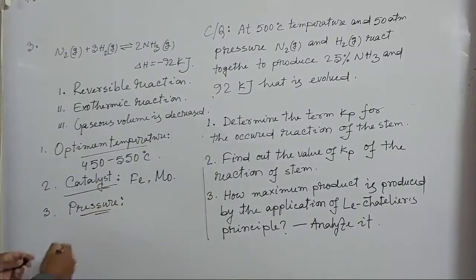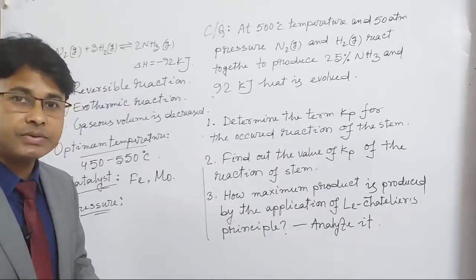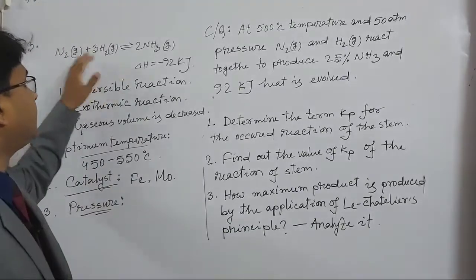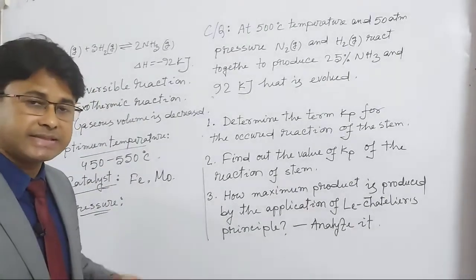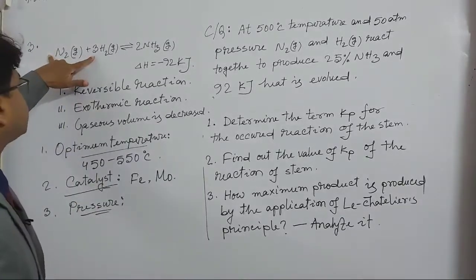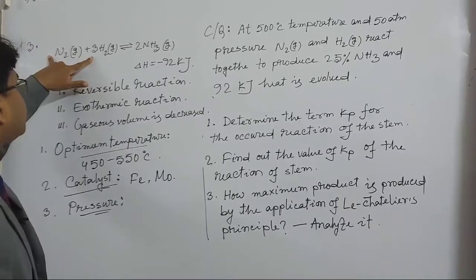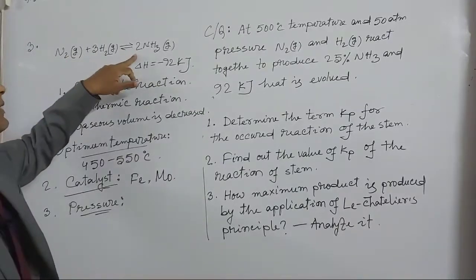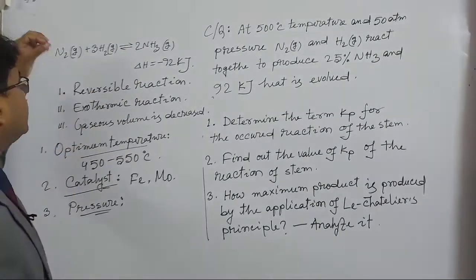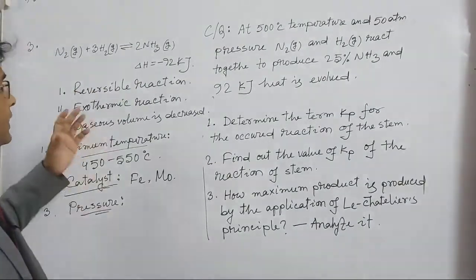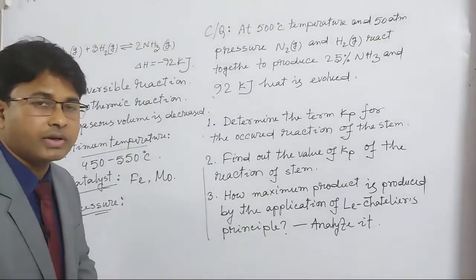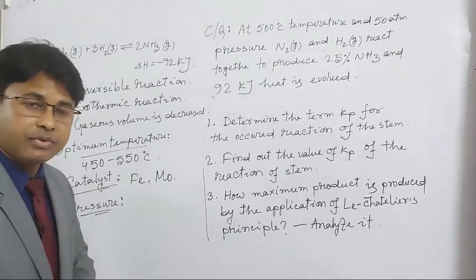Dear students, if you observe the reaction, you will see that both the reactants and products are in the gaseous state, and here the mole number of gaseous reactant is 4 and the mole number of gaseous product is 2. So, if pressure is applied according to the Le Chatelier principle, the equilibrium shifts forward to produce more ammonia.